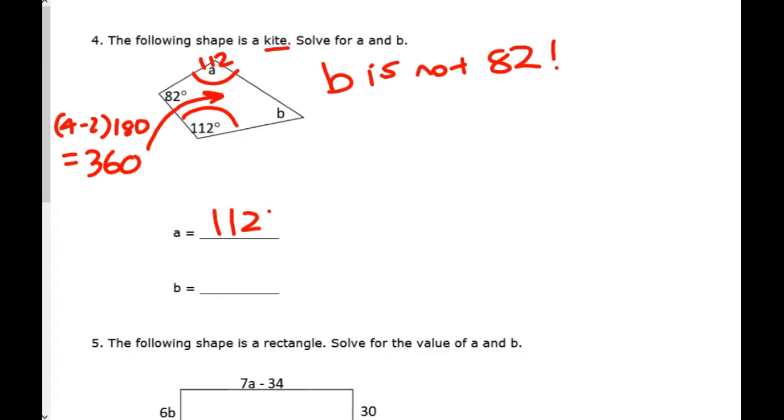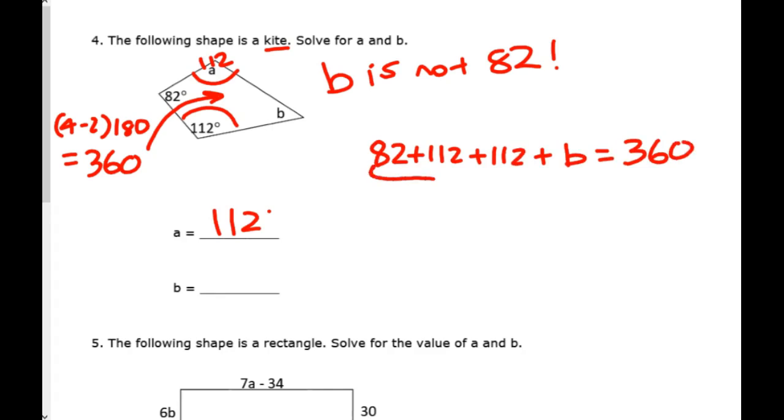Okay? So let's add these up. 82 plus 112 plus 112 plus B equals 360 inside of a four-sided figure. Adding these up, I get 306 plus B equals 360.